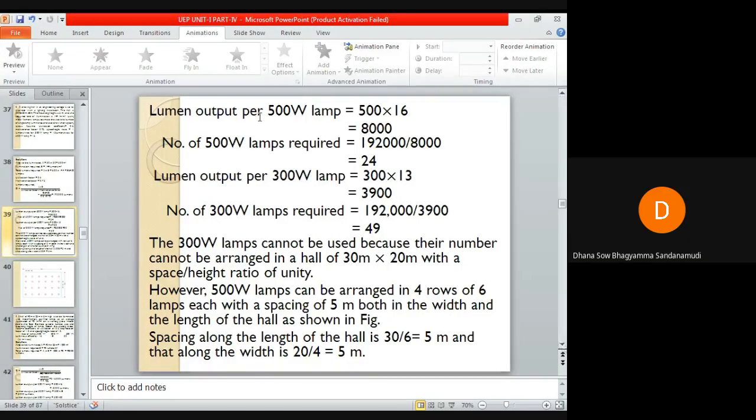So you have determined the lumen output for 500 watt lamp is 500 into 16. Lumen output for 300 watt lamp is 300 into 13. So 500 into 16 you will get 8,000, and 300 into 13 you will get 3,900. The number of 500 watt lamps required is given by the lumens required by lumen output.